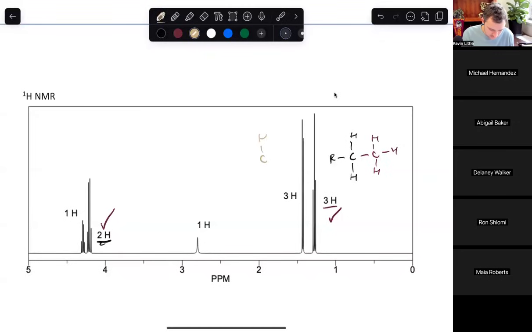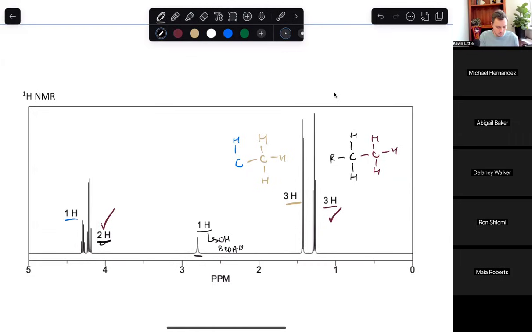This is a CH3. And I know it's a doublet, so it has one neighbor. So that one neighbor has to be this peak. I know that because this is an OH peak because it's broad. Right, look how wide it is. And OH peaks don't split.